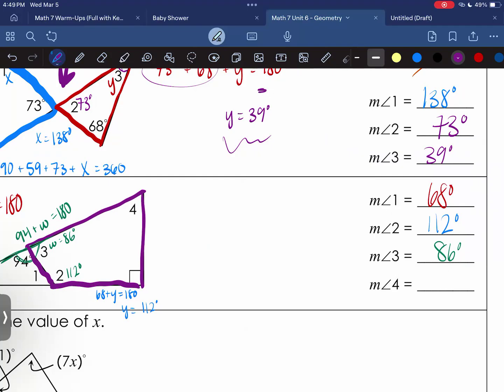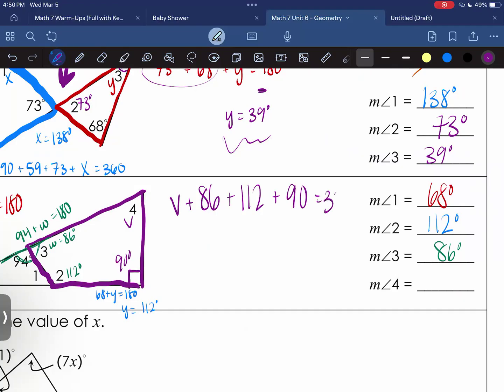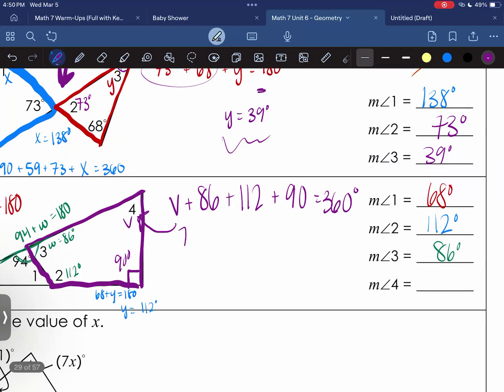So I'm going to call this one V. So V plus 86 degrees plus 112 degrees plus 90 degrees. Remember, they gave us that right angle of 90 degrees, equals 360 degrees. When you solve for all of that, you're going to get that V, or the measurement of angle 4, equals 72 degrees.